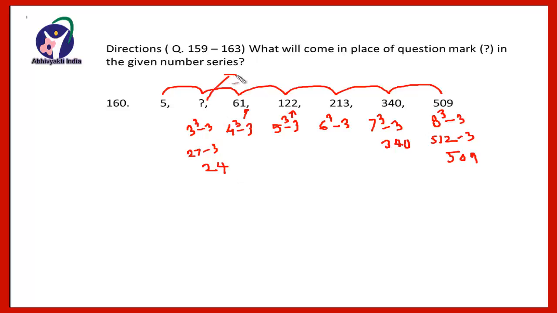So the question mark will be replaced by 24, and this will be 2 cube minus 3, that is 2 twos are 4, 4 twos are 8, 8 minus 3, that is 5. So the question mark will be replaced by 24.